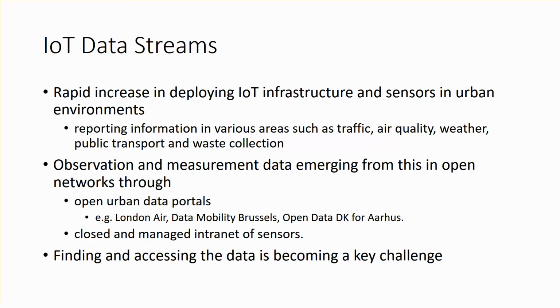Or they could essentially come from closed networks which are confined within a specific domain or entity. And due to this plethora of data, finding and accessing the data becomes a key challenge.